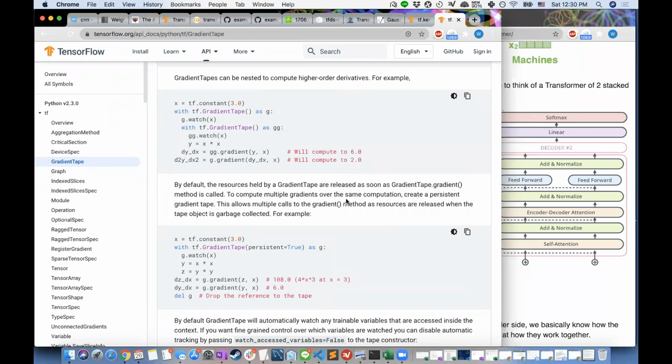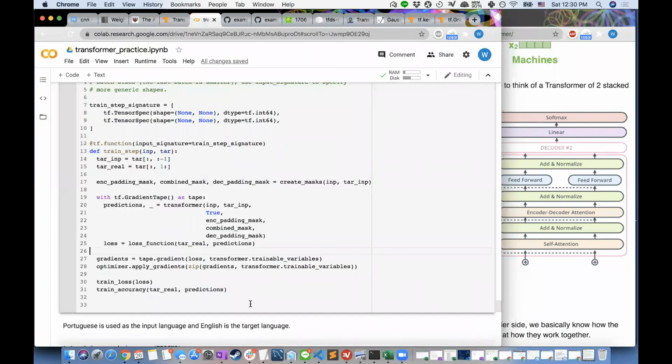To compute multiple gradients over the same computation, create a persistent gradient tape. This allows multiple calls to the gradient method, as resources are released when the tape object is garbage collected. So is that clear, John? It is. I'll need to look into it a little bit more, but thank you for that.